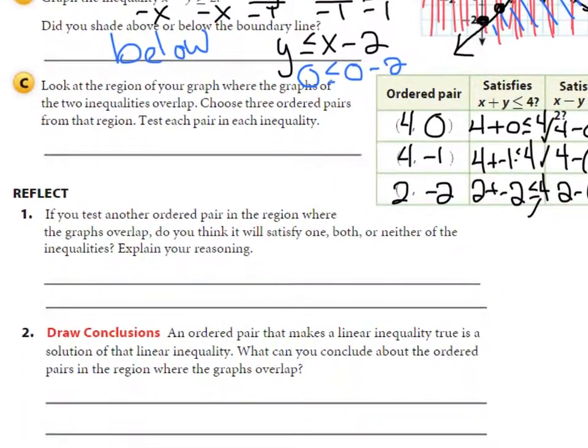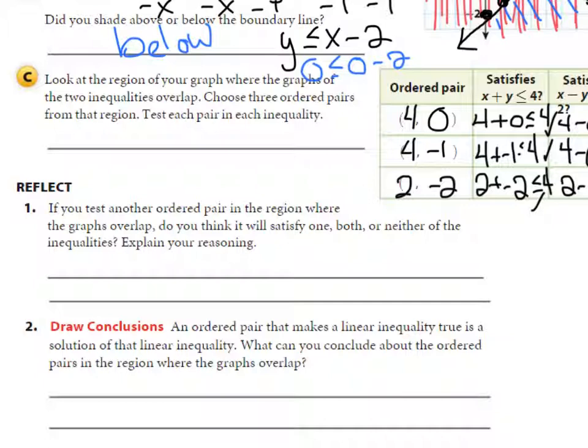Reflection 1 says, if you test another ordered pair where it overlaps, would it satisfy one, both, or neither? Hopefully you recognize that it would satisfy both, because it is a solution. The overlapping region shows solutions for both.